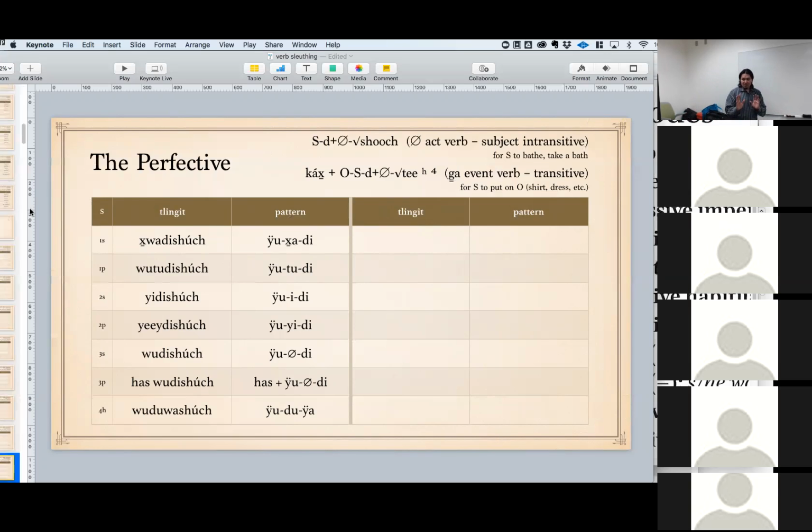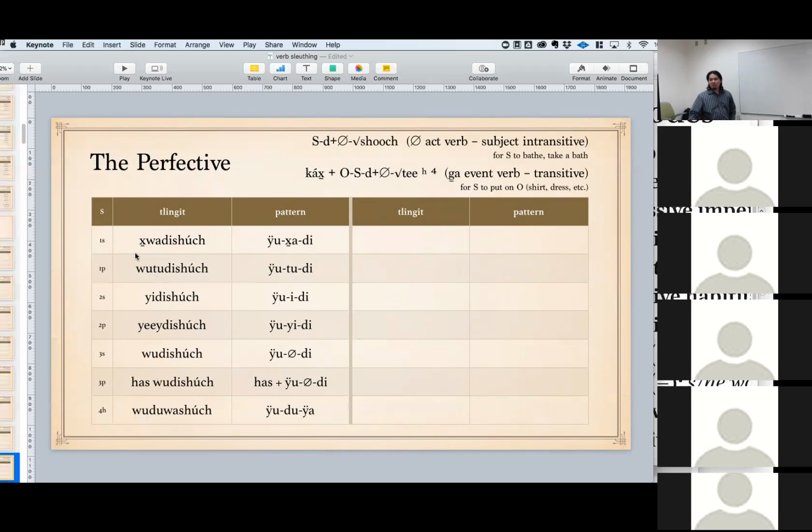So here's the key. Here's all of these, and there's a couple of pattern-identifying things that we do here. One is we have chwade, watude, yide, yide, woode, haswoode, wadua. If we ignore the fourth person, because it's got that little exception, all of these are going to be the same down here. So there's an object, so there's going to be awa right here, or aude, is what we should expect down here.